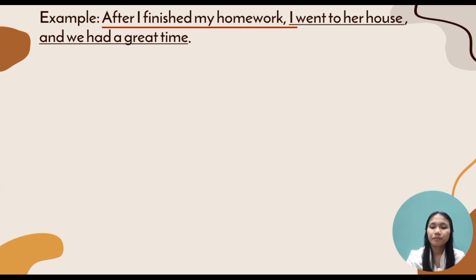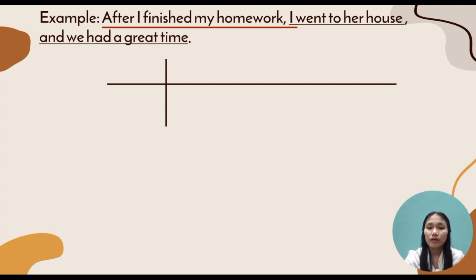So our independent clause here, class, is "I went to her house." So again, we are going to make use of a horizontal and vertical line. So I is the subject, went is the verb, and house is the direct object, to her house.